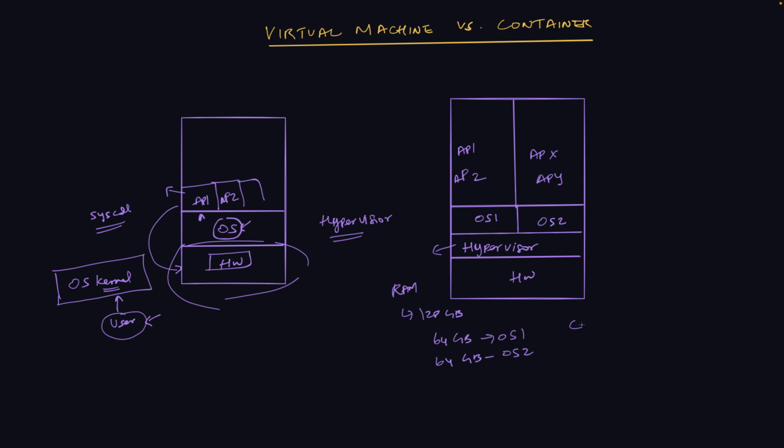But when it comes to CPU, it will simply do time sharing. Okay, so it will allocate X number of CPU clocks to operating system 1 and then another X CPU clocks to operating system 2. So basically it will do time sharing when it comes to CPU.